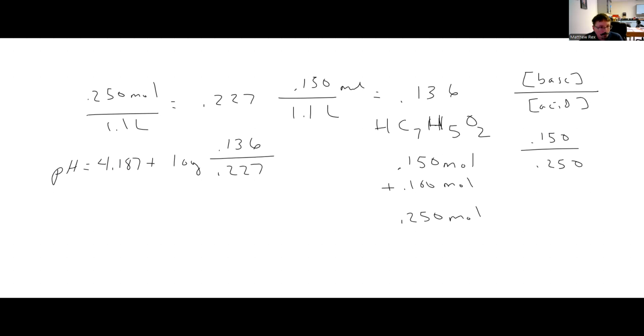So we get 4.187 plus, sorry, a negative 0.2222. And we get 3.97 as our pH. Lower than the pKa, makes sense. We've added a little bit of acid.